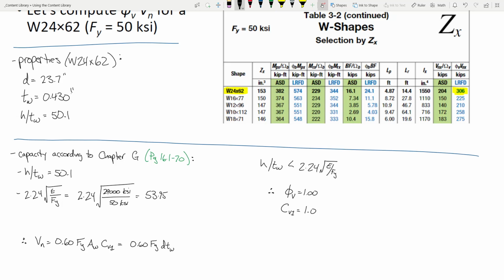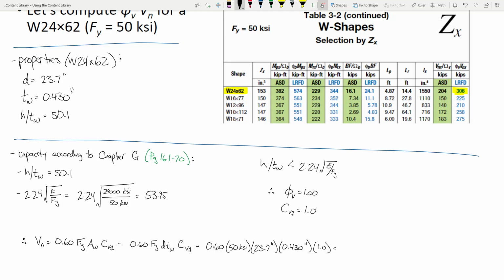Y'all see that at the bottom? So D TW CV1, which is 0.6 times 50 ksi times 23.7 inches times 0.43 inches times 1.